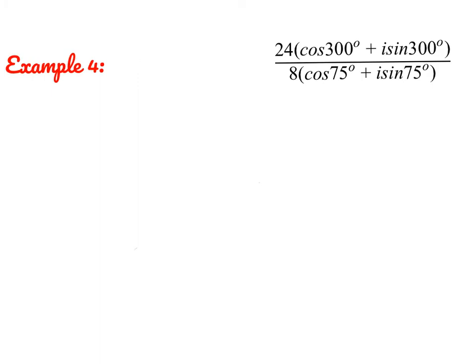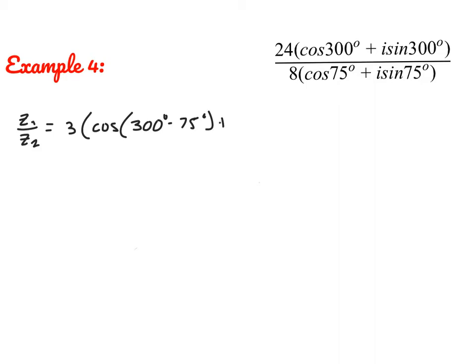All right, so now let's try doing a quotient. We have the quotient of two complex numbers already written in trigonometric form. Remember, the way you find the quotient is by dividing your r values. So we're going to do 24 divided by 8, so 3, and then we are going to subtract our angles.